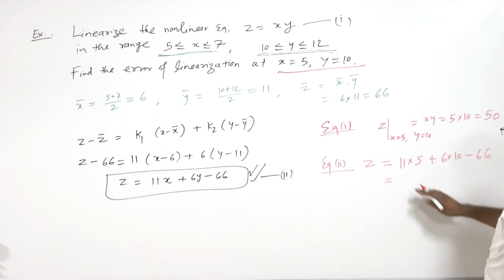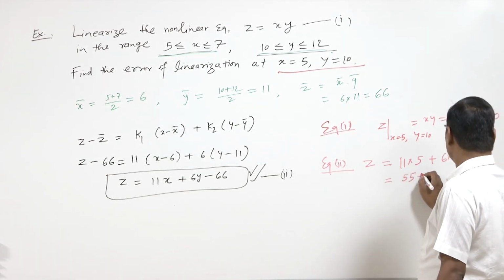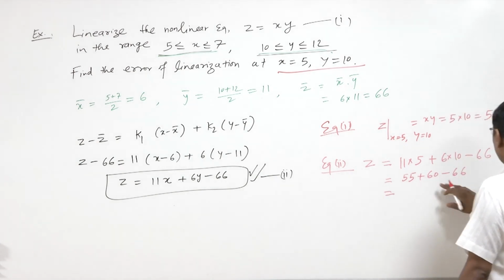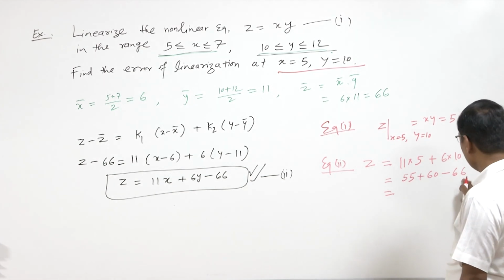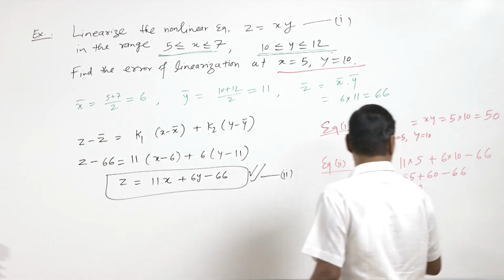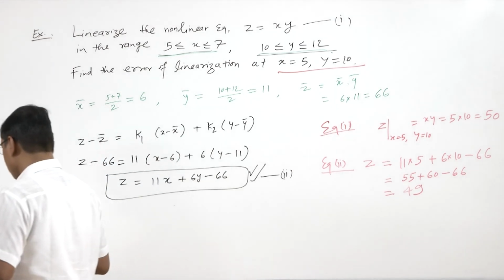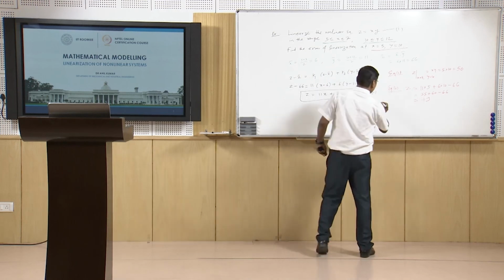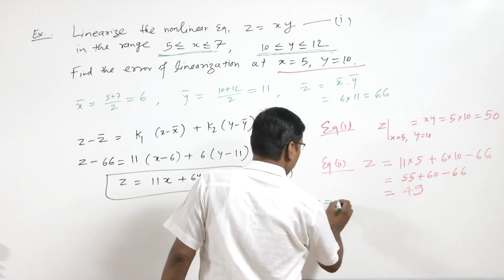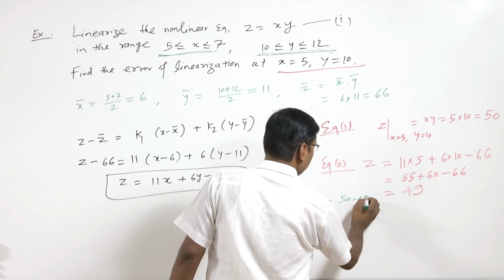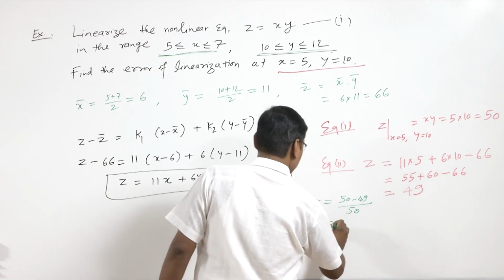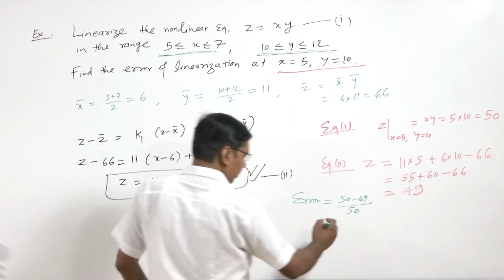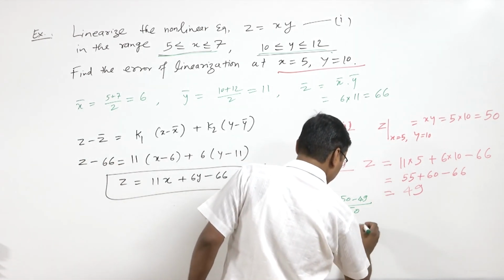So, we are getting 55 plus 60 minus 66, and we get 49. So, the error we are getting is (50 minus 49) upon 50, that is 1 by 50, or 2%.